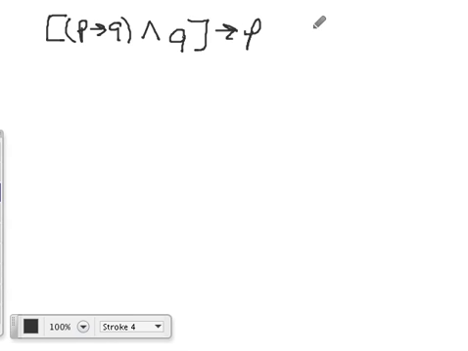33 says, use the truth table to determine whether each statement is a tautology, a self-contradiction, or neither. Let's see. Here's my statement. Okay, I know these truth tables may seem quite tedious, and actually they are. Well, I know of no shortcut.